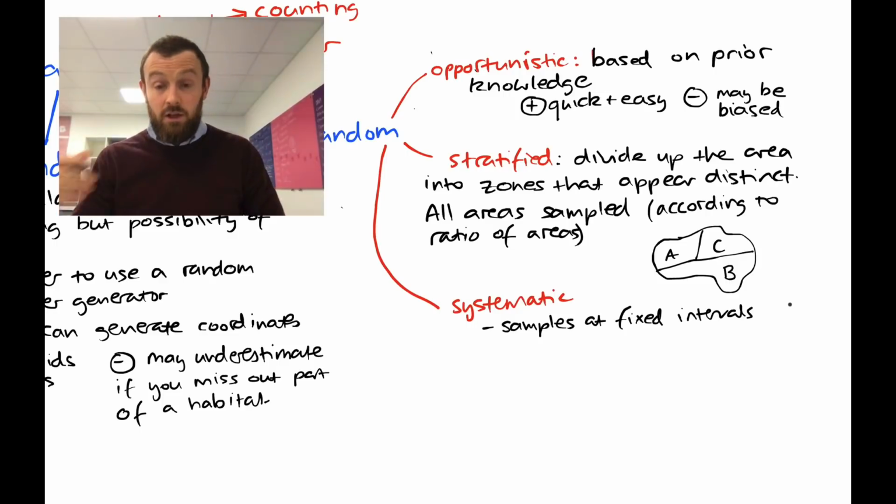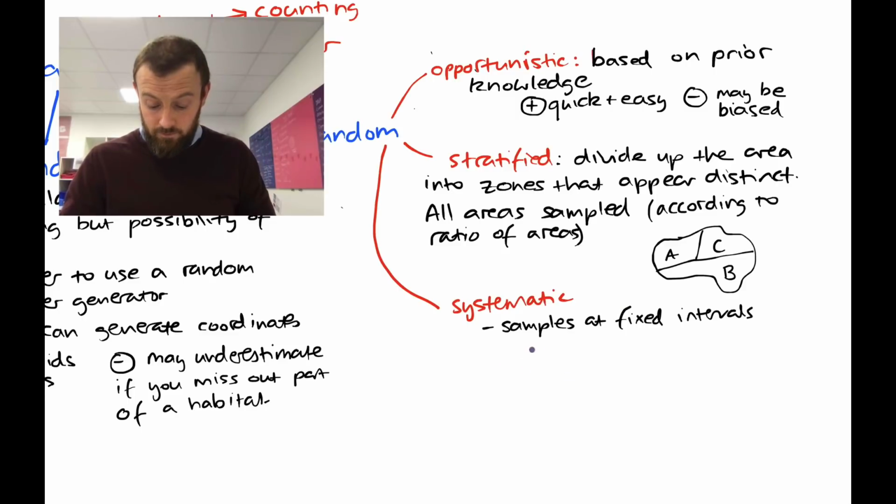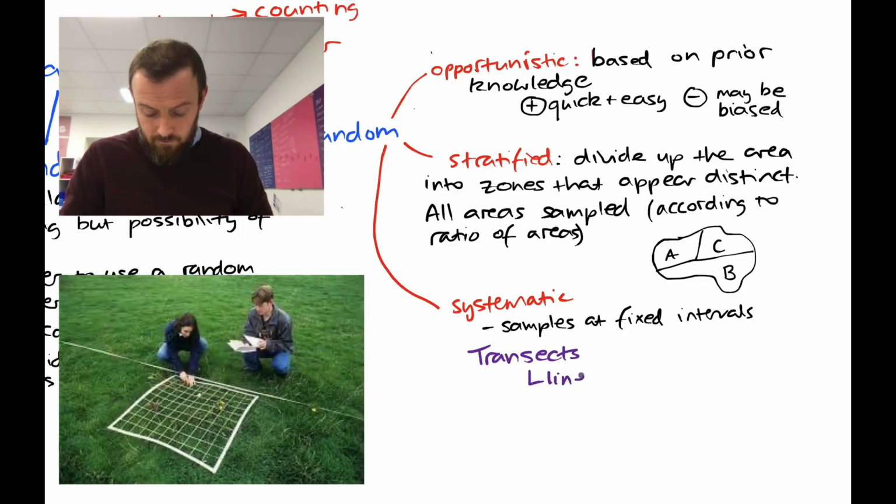And typically you do this along a transect. Now transects can either be line transects or belt transects. And they both do roughly the same thing, which is to measure changes in distribution along an axis.